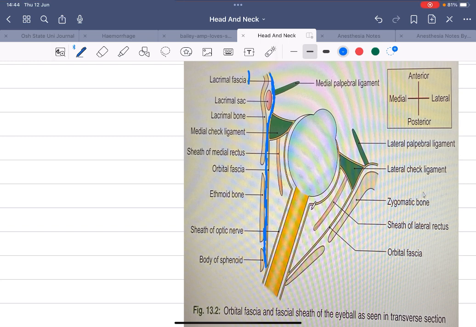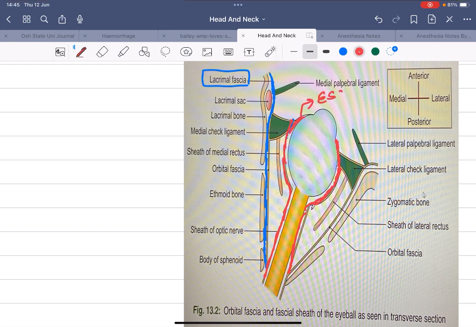Okay, this one which I am highlighting now in red color, that is your what? That is your bulbar fascia. Okay, and this bulbar fascia covering the eyeball, and this space is known as episcleral space.